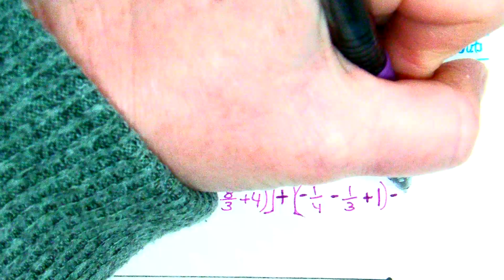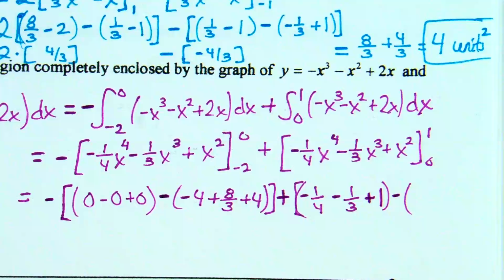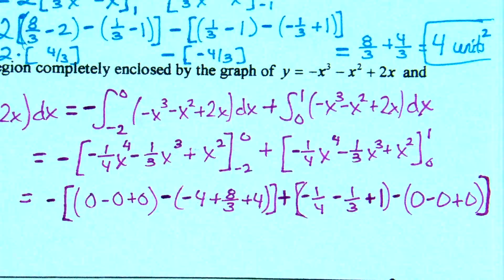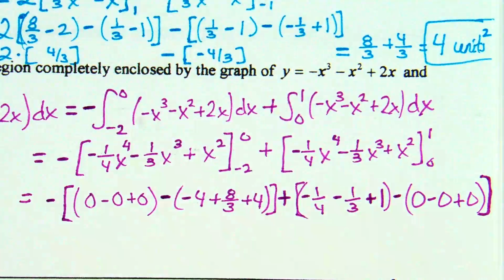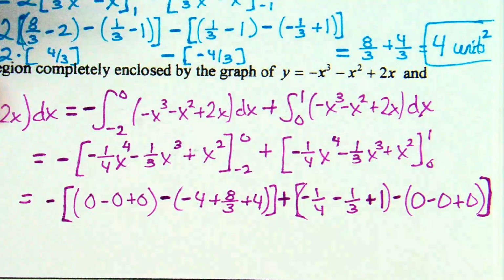That's the first part minus the second part. What am I plugging in next time? 0. And so, I mean, you could just write one big 0 there. Just always stop and think, because if something doesn't have an x on it, that 0 matters, right?